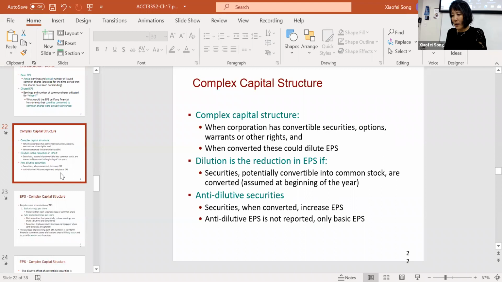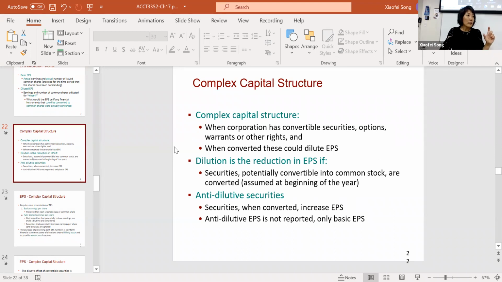A complex capital structure means the company, in addition to common and preferred shares, also has two types of securities: convertibles, and options and warrants.